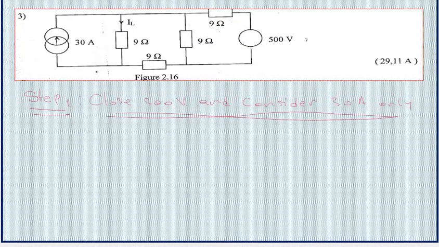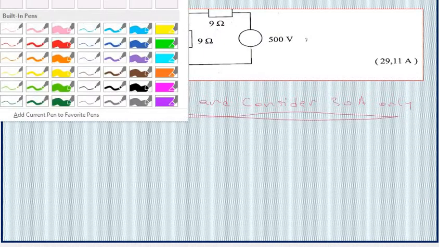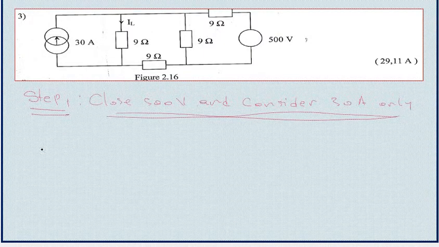So now what's going to be the actual circuit if we close this source and consider that source here? The actual circuit will have that form.